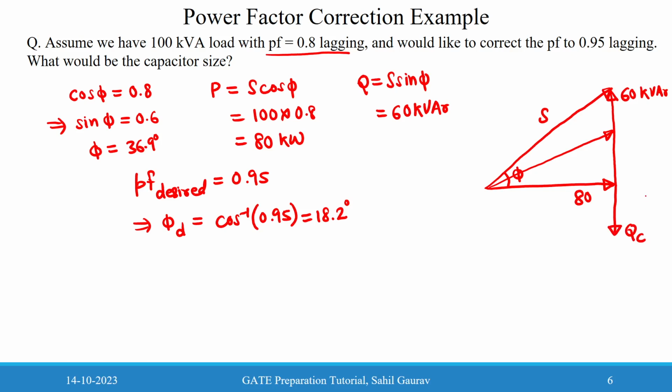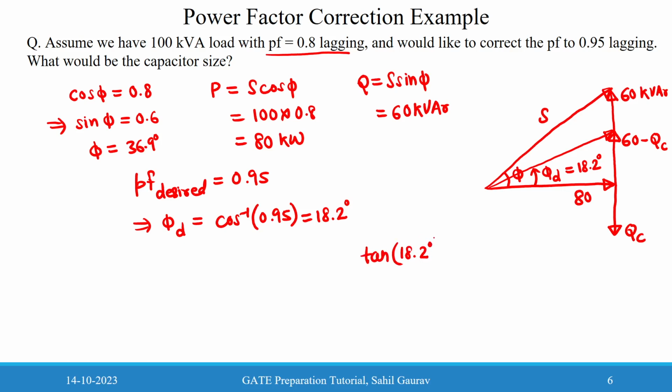We are doing the reactive power compensation so that we improve the power factor. This will become 60 minus QC. So the desired phi d becomes 18.2 degree. Now you just apply a trigonometry formula. We apply tan so that we don't need to find the apparent power.